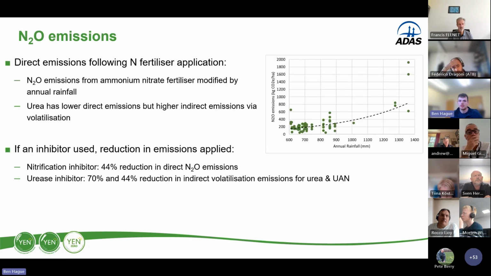And we also consider if an inhibitor is used, as inhibitors reduce the emissions. For example, a nitrification inhibitor reduces N2O emissions by 44%, and a urease inhibitor can reduce indirect volatilization emissions by 70% and 44% for urea and urea ammonium nitrate, respectively.